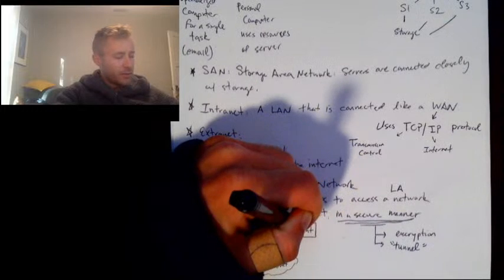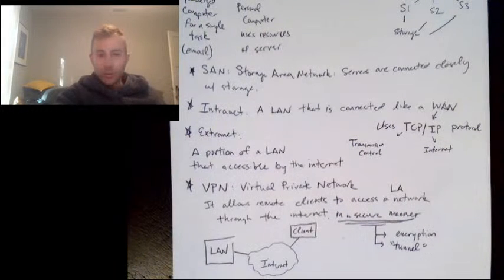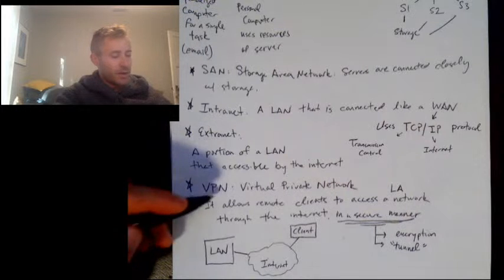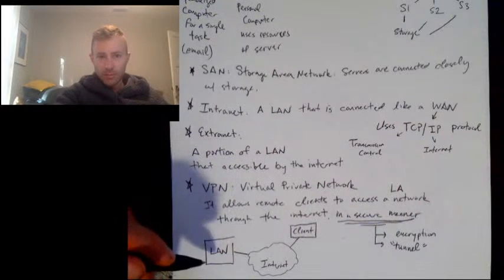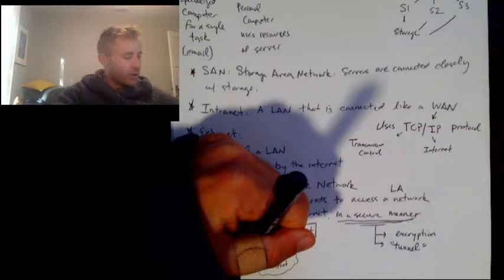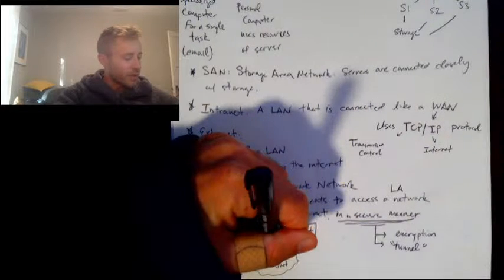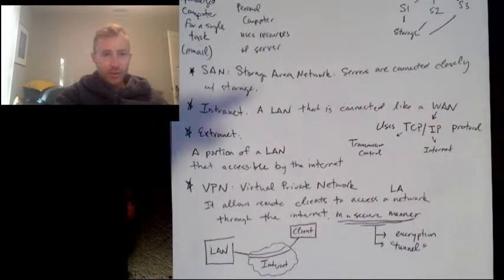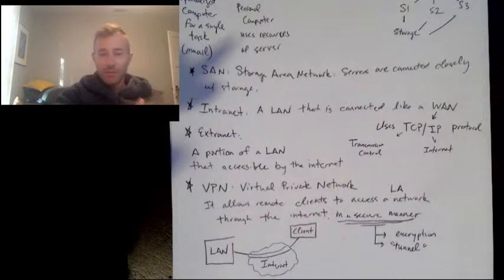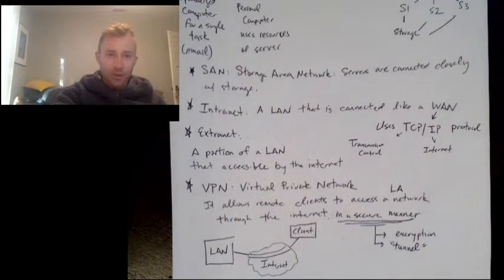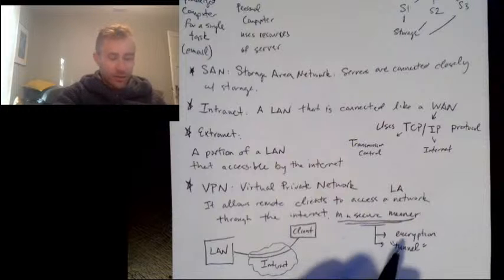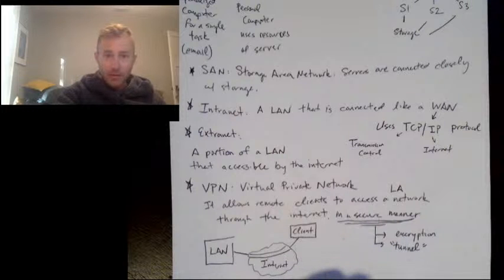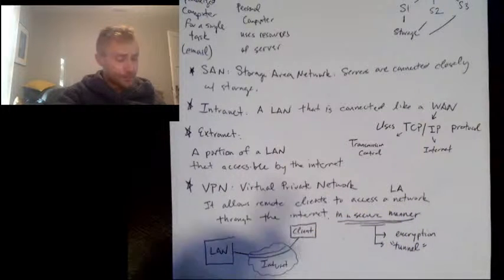When you connect via VPN to a network, a so-called tunnel is created in the internet. I don't think IB needs you to learn the details of what exactly that means, but you need to know the word tunnel and that it involves encryption. So it's a secure way of accessing a network remotely.